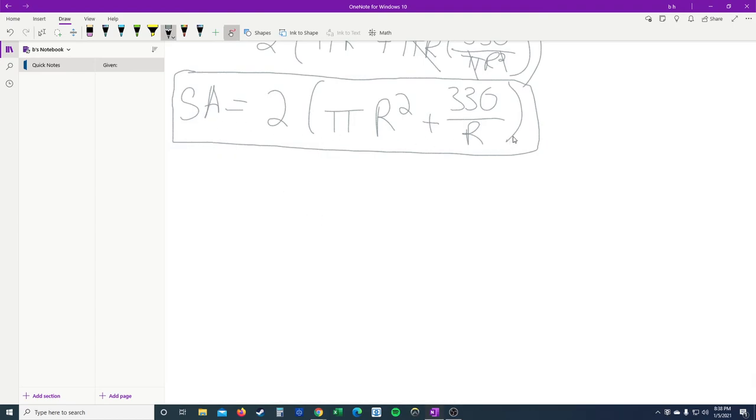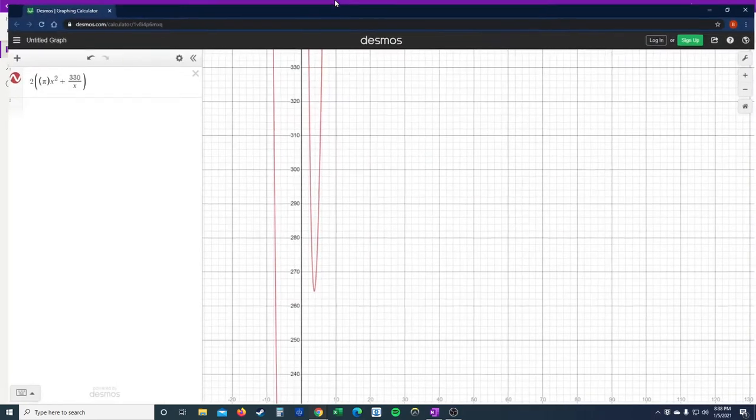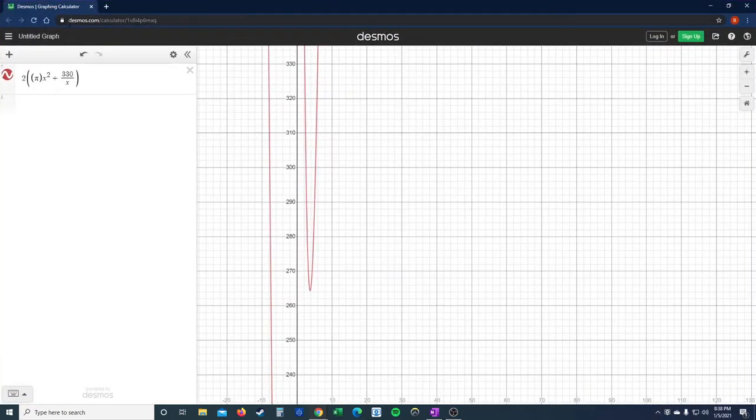So this is one step before the final step. Now that we have this equation, you're going to have to graph it into your calculator, or there's actually an online graphing calculator, Desmos.com. So you can type your equation here. So that's basically, this is it right here.